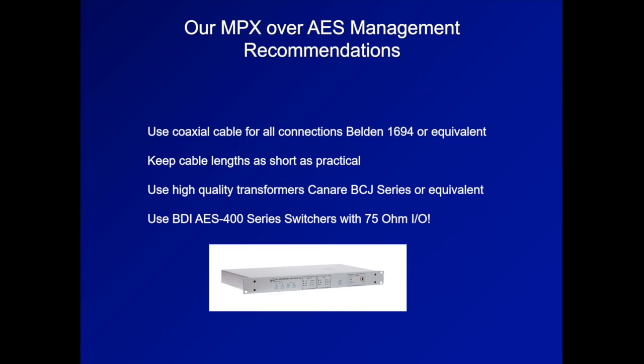I won't say you can do it with abandon, but you can do it for a lot longer distances and have better performance than you're going to have with 110 ohm cable. So we say that you should really avoid it. Keep your cable lengths as short as practical, and use high quality transformers like Canary or equivalent. And of course, we make a product that has a 75 ohm interface. It's our AES 400 series that you see there, a switcher DA product that we've been making for some time.